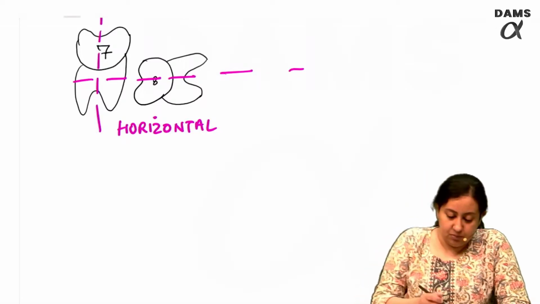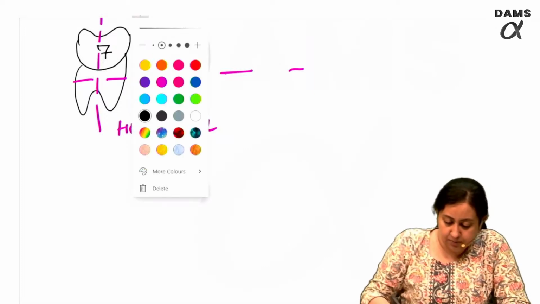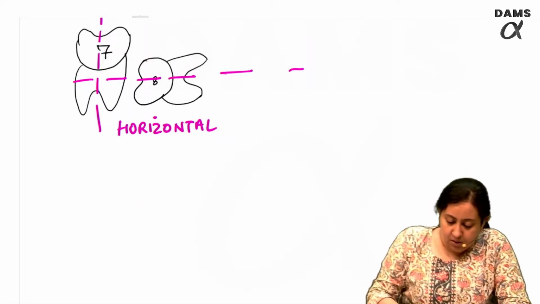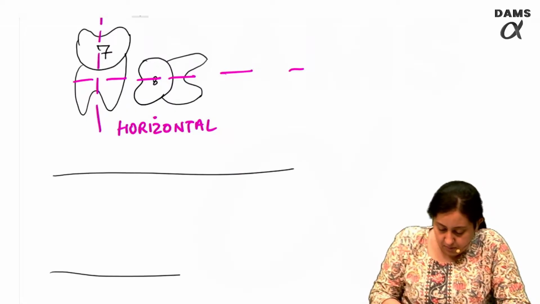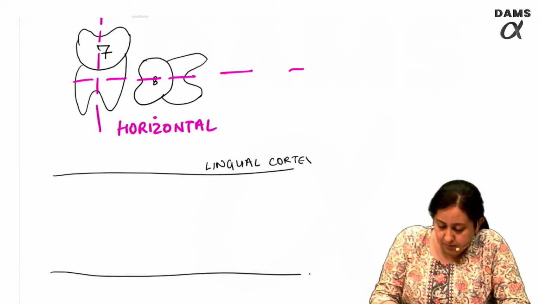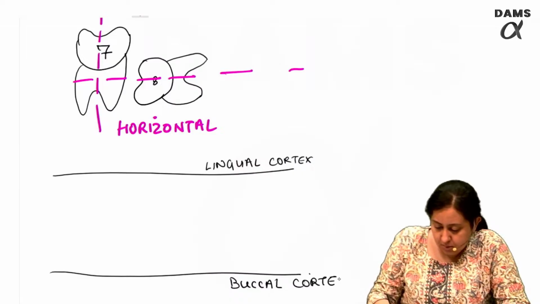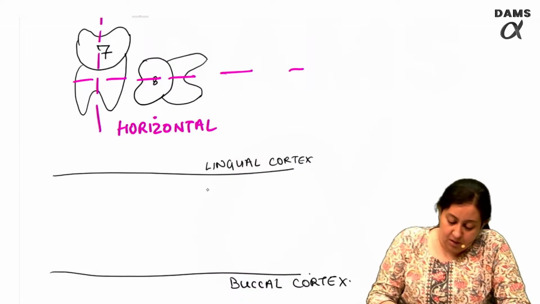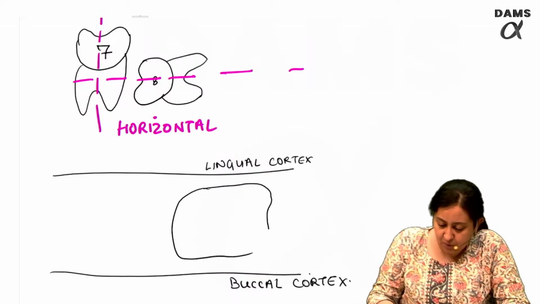Now I'll draw the occlusal picture. Okay, suppose this is the lingual cortex and this is the buccal cortex. Let us suppose this is the occlusal view of the crown of 7.